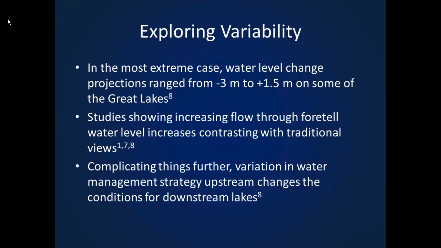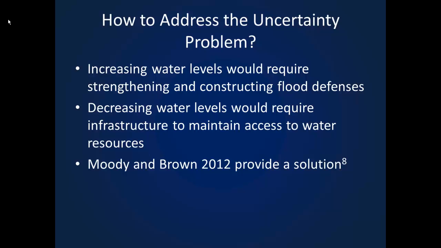Also, we as humans monitor and affect how the water system works, and how we manage upstream lakes will impact water levels in downstream lakes like Erie and Ontario. So how are we going to address this uncertainty problem?